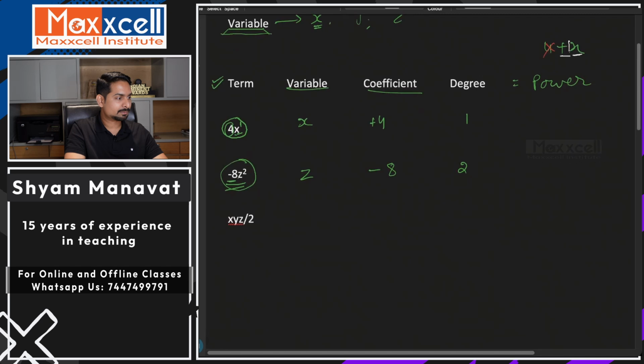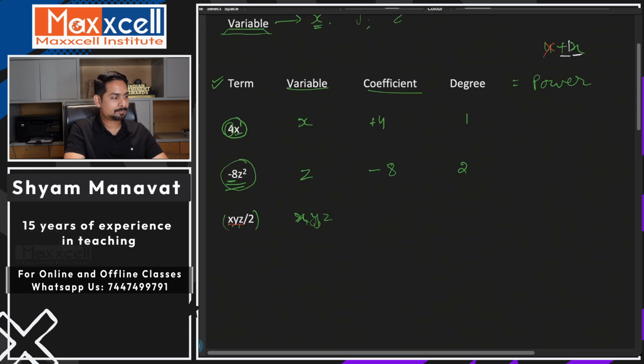Next, see this. So here in this term, what are the variables? There are multiple variables here. X is also a variable, y is also a variable, z is also a variable, right? So you have x, y, z, all three of them as variables here. What is the coefficient here?